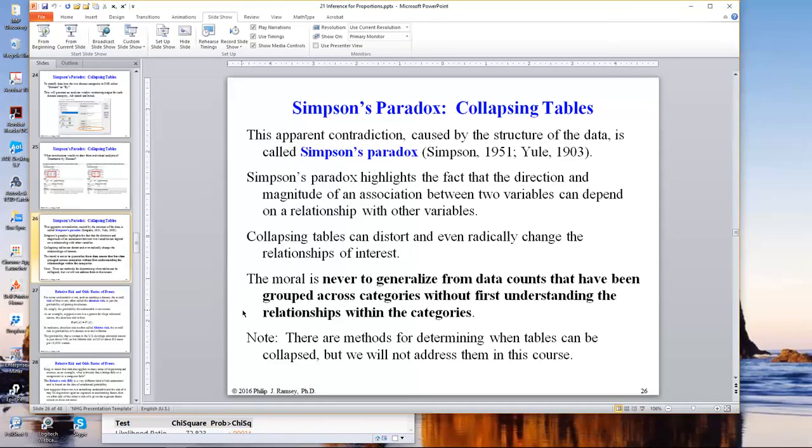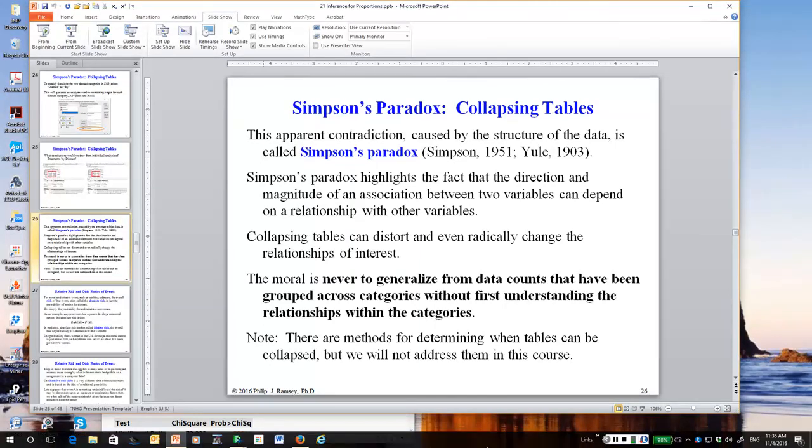There are various types of analysis we could do here, but they're beyond the scope of this level of course. I just want to warn you, Simpson's Paradox is real, it commonly occurs, and you must be vigilant in the analysis of nominal data to spot it when it occurs.